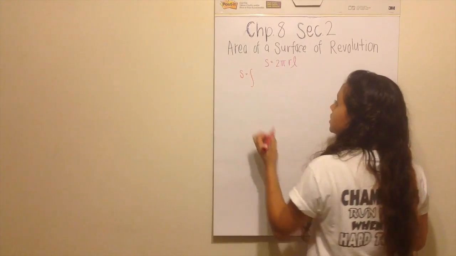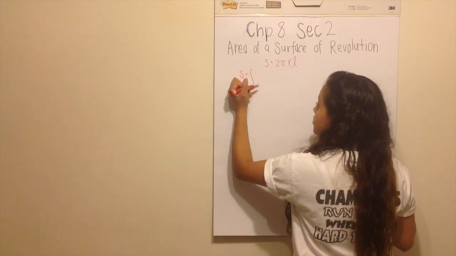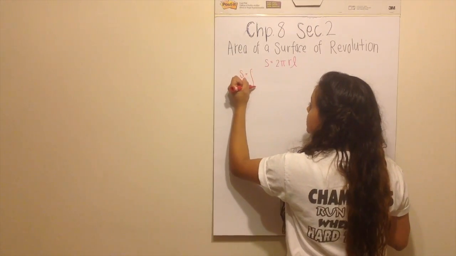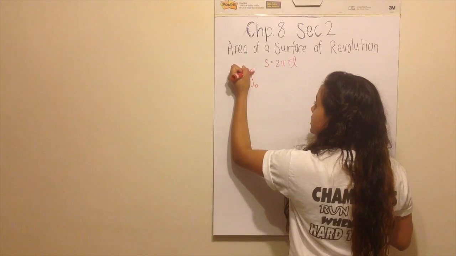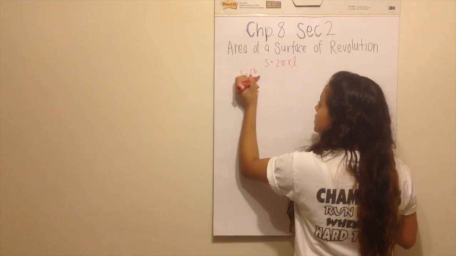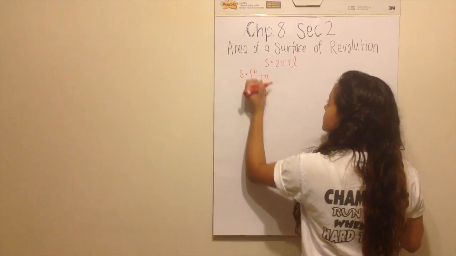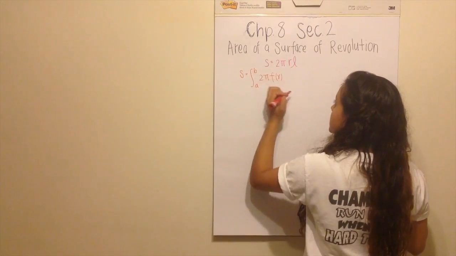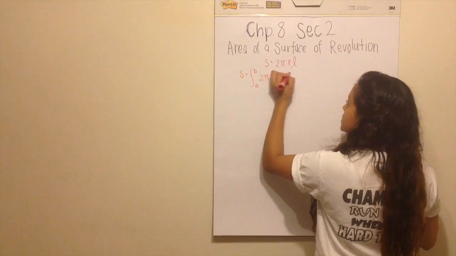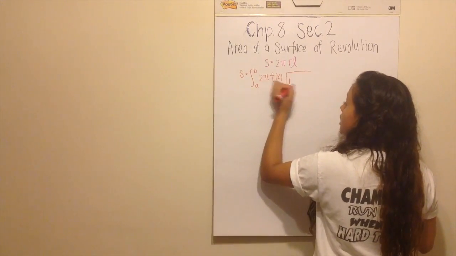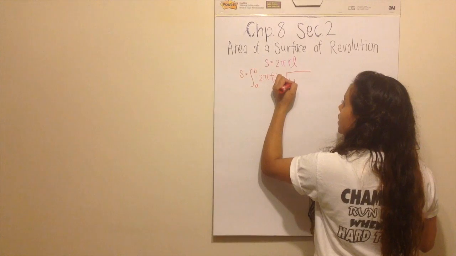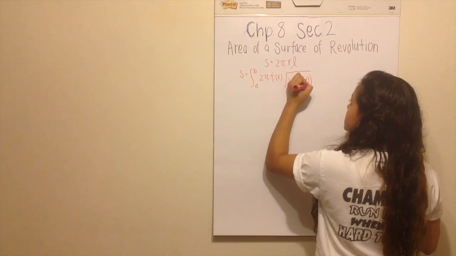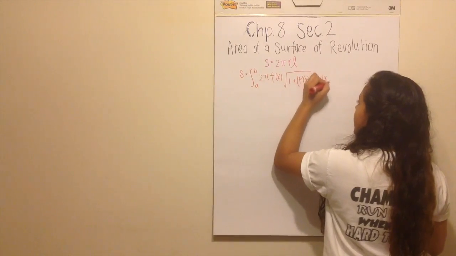between those two formulas. So for example, we have the actual formula for this. It's going to be the integral from a to b, 2 pi f of x, which is basically your r, times the square root of 1 plus f prime of x squared dx.